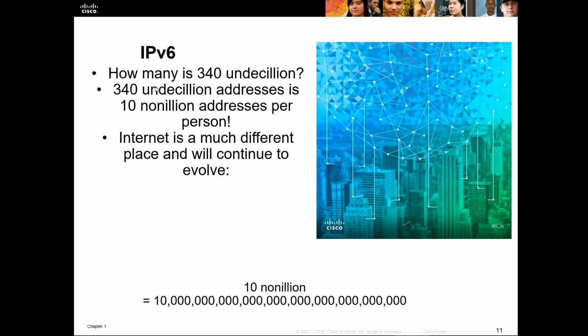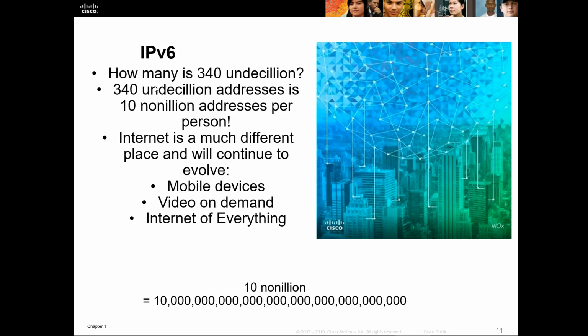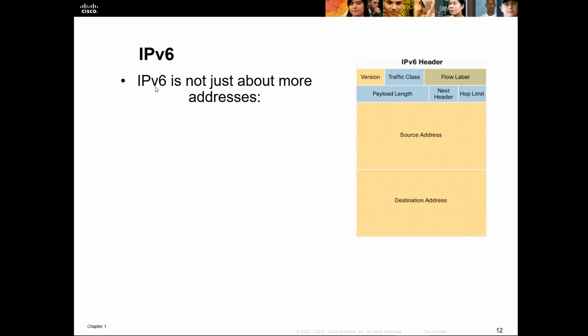The internet is a lot different now, and it continues to evolve. Things like mobile devices, smart devices, video on demand, and this thing called the Internet of Everything. A critical part of how we live, work, play, and learn is now directly designed or focused around the internet. IPv6 is not just about more addresses. It has things like stateless auto-configuration so that administrators don't have to configure every IPv6 address.